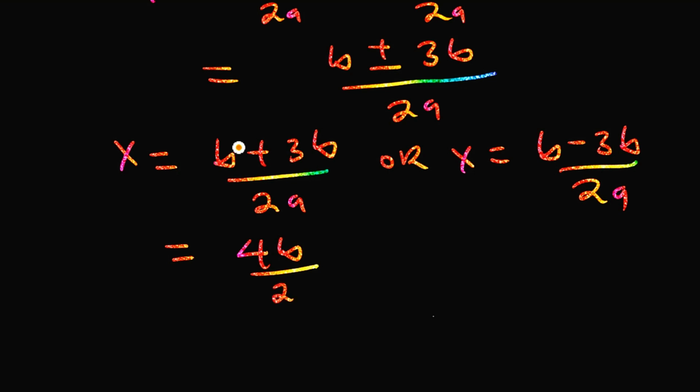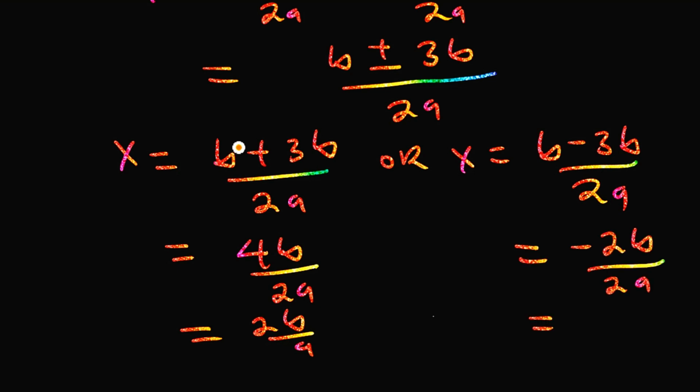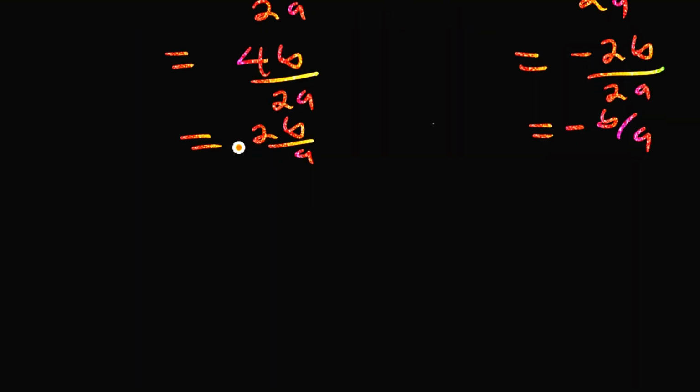We have 4b over 2a, which is just 2b over a as the first solution. And if we take b minus 3b over 2a, that will be minus 2b over 2a, which is minus b over a. So we can check if these solutions are true.